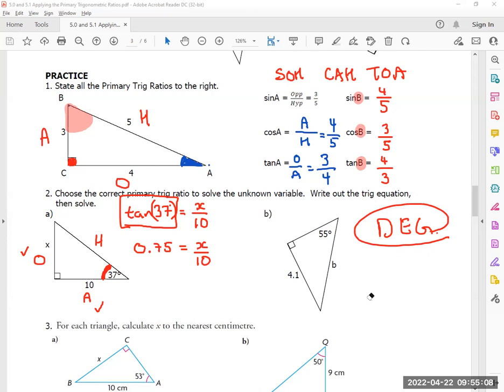We're using nothing but degrees. Anyone here getting anything other than 0.75? Yep, perfect. So right now, look at the screen. It's set as RAD.